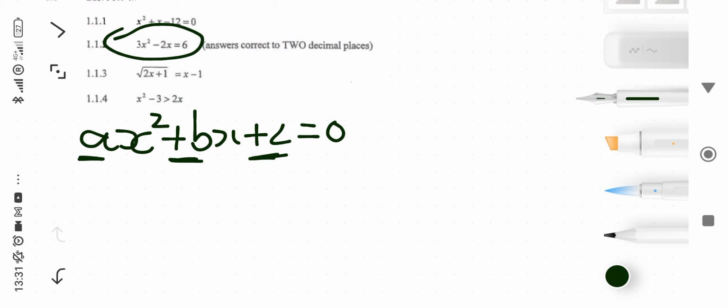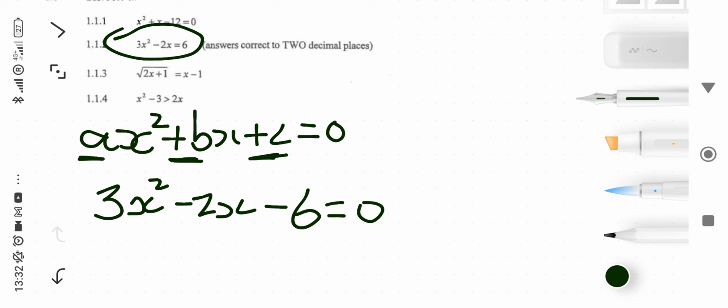So let's take the equation that we have there. We've got the 3, we have the x squared, we have the minus 2x. The 6 is on the right-hand side of our equals. We bring it over to the left-hand side, but we are subtracting 6 on both sides, right? So it's minus 6, and this is equated to 0. Once it's in this form, it becomes easy for us to identify A, B, and C. So the A value is 3.